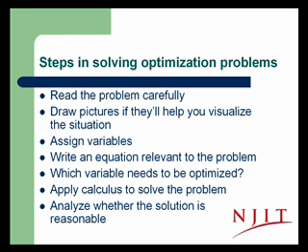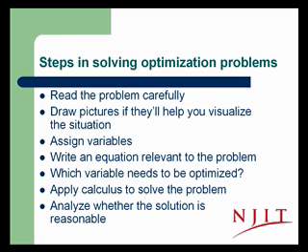Here are the steps that we go through in solving optimization problems. First, you need to read the problem carefully and make sure that you understand what is being asked for and what the situation is. Sometimes it's helpful to draw pictures because often they'll help you to visualize the situation. Then it's important to assign variables to the quantities that are relevant in the problem and write an equation relating the variables and relating them to whatever it is that needs to be optimized.